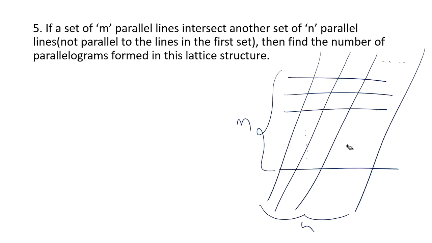So in order to form a parallelogram, we should have 4 sides. That means we should have 2 sets of parallel lines. That means I have to select 2 lines from the first set, and I have to select 2 parallel lines from the second set.